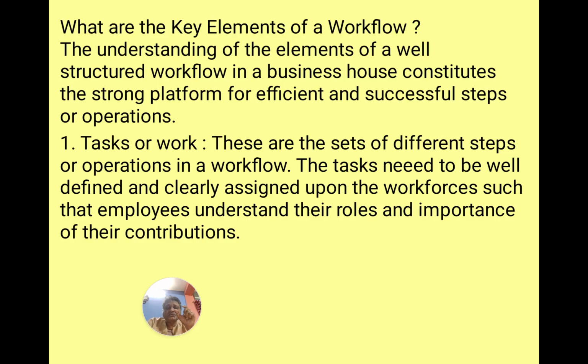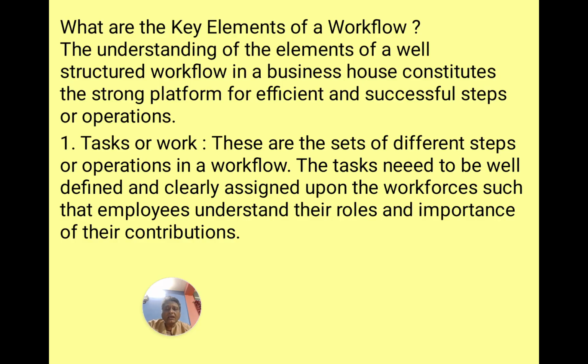Understanding the elements of a well-structured workflow in a business house constitutes a strong platform for efficient and successful steps or operations.